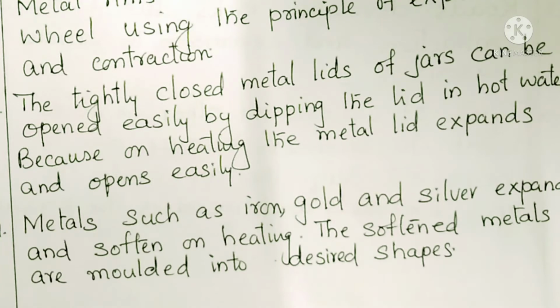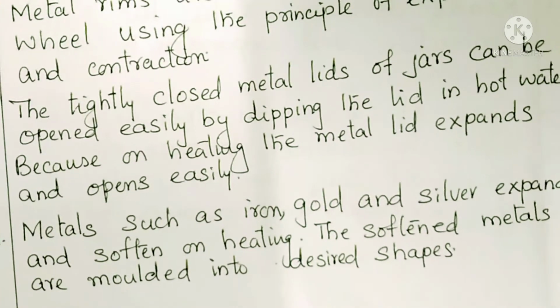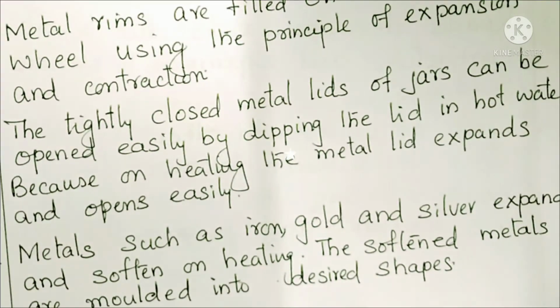After pouring it into the molds, or when they make the ornament, they cool it so that it becomes tight and gets contracted. Okay. So, these are different examples of the practical applications of expansions and contractions.